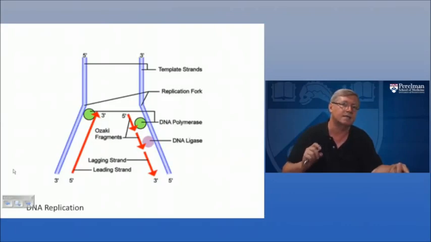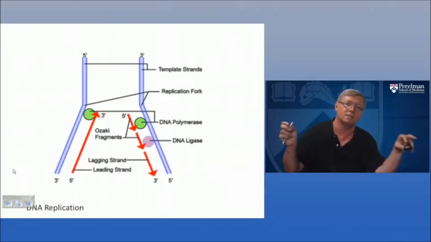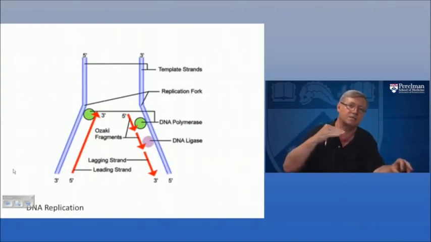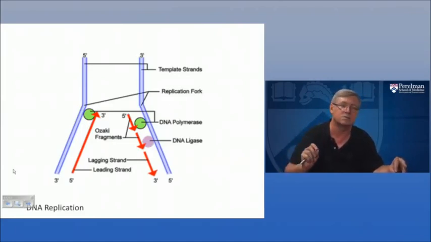But what you get at each replication fork, which is what this is representing here, is the DNA as it unwinds, it's being replicated as it's being unwound, and so you get the replication fork moving through the double-stranded DNA molecule and leaving behind two daughter molecules.